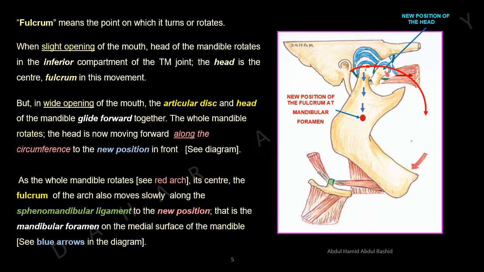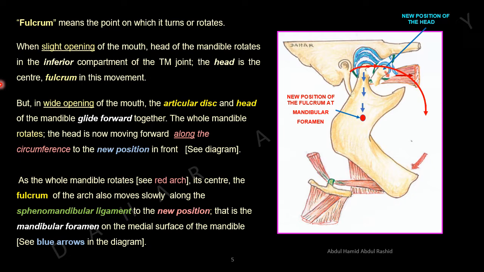Fulcrum means the point on which it turns or rotates. In slight opening of the mouth, the head of the mandible rotates in the inferior compartment of the TM joint. Then the head is the center or fulcrum in this movement.